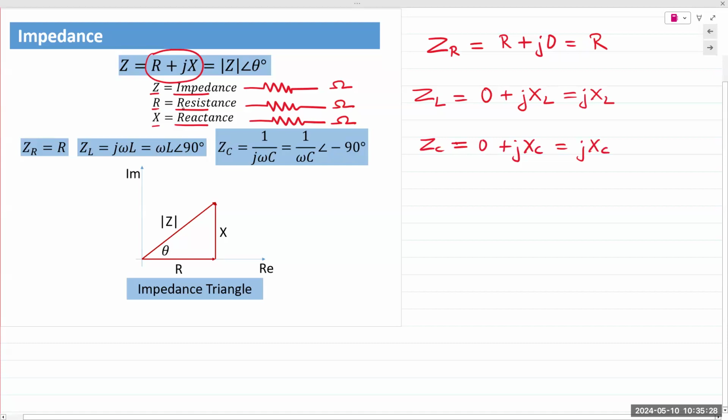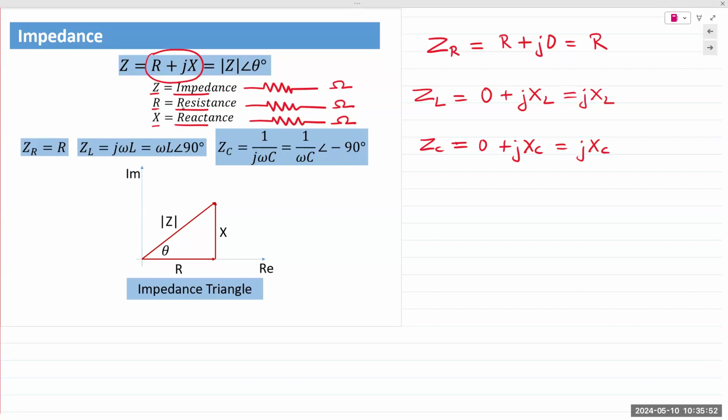It's actually not plus JXC, it's actually minus, but I will explain why it's minus. Equations for ZL and ZC are given here, and I will go over them in a little bit.